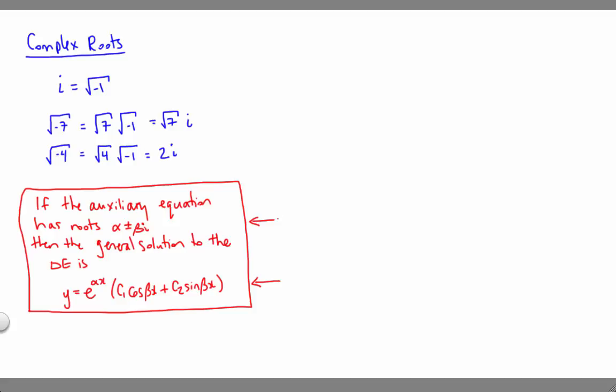One of them is going to look like a cosine function times an exponential, and the other solution is going to look like a sine function times an exponential. All right, let's try some examples.